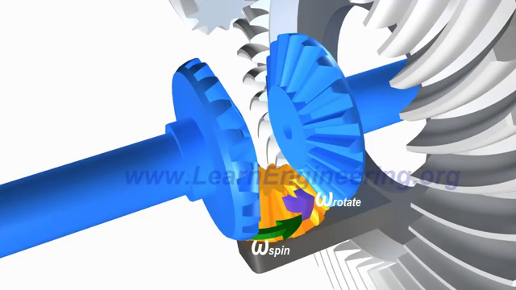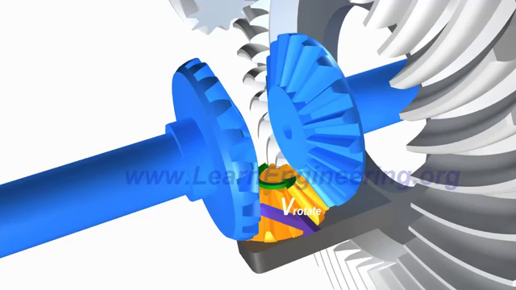When properly meshed, the side gear has to have the same peripheral velocity as that of the spider gear. When the spider gear is spinning as well as rotating, the peripheral velocity at the left side of the spider gear is the sum of spinning and rotational velocity. But at the right side, it is the difference of the two.